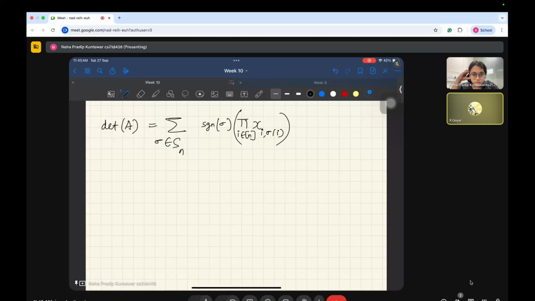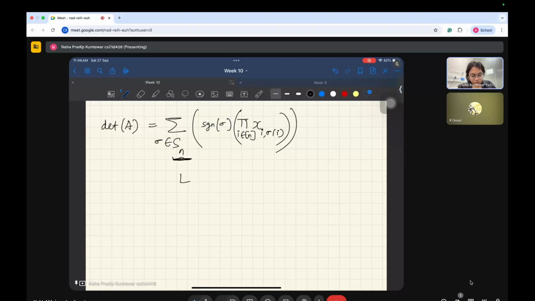Is the summation carried out over sigma or over i? Over sigma, yes. And how do we get this permutation for any given matrix? For any given matrix, you will go through all possible permutations.